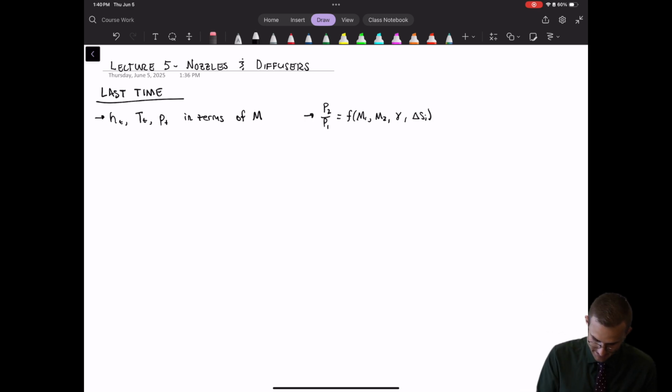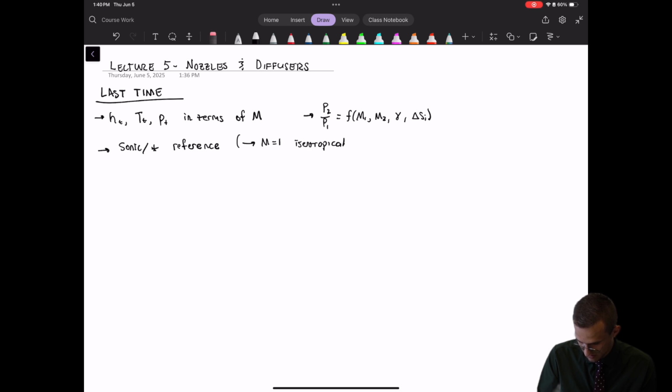And then we ended the lecture by talking about this concept of the sonic reference state. Sonic/star reference, which is basically go to M equals 1 isentropically, and then you reach the sonic reference state.